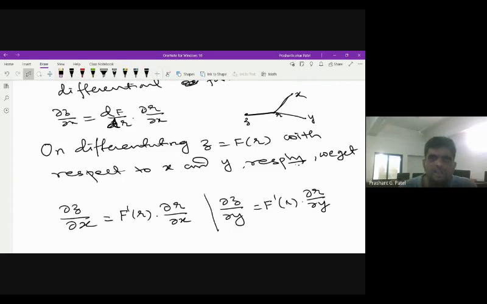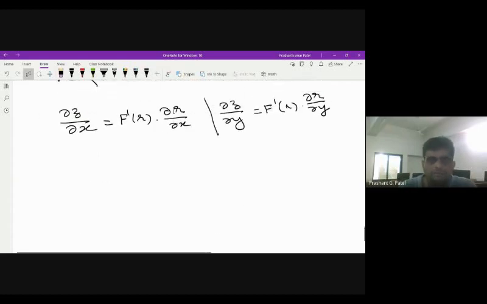Now you just see that r is equal to x square plus y square raised to 1 by 2. So del r by del x is 1 by 2 x square plus y square raised to 1 by 2 minus 1, into the derivative of x square plus y square, which gives you 2x.